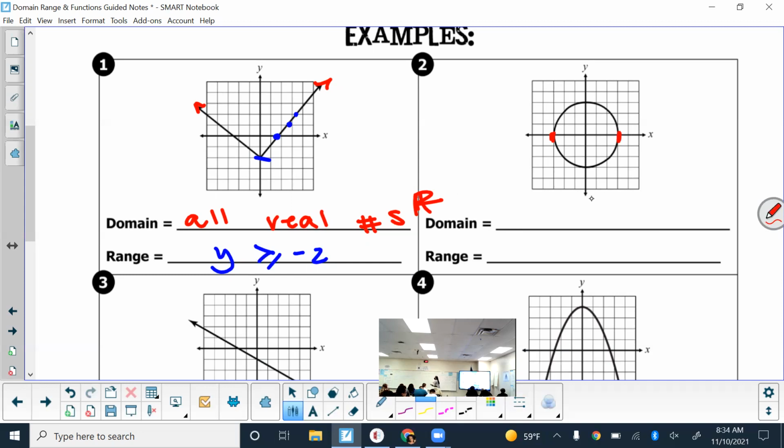Since it's the domain, what letter should we use? X, good. What's the lowest x value on this graph? -3, good. Right here, the x value is -3. And what about over here? What's the highest x value? The +3.